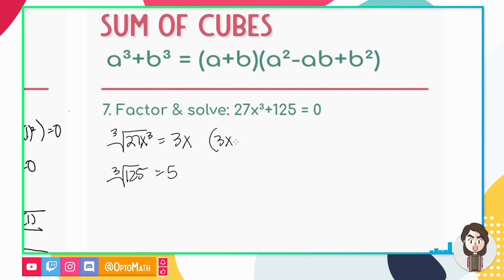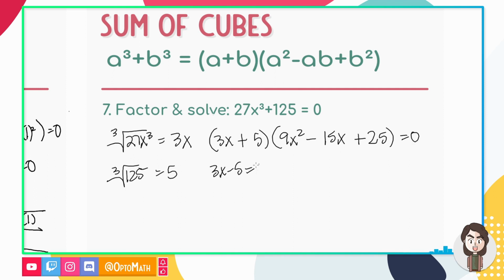So 3x and a 5. 3x quantity squared is a 9x squared. Multiply these together, you get 15x. Last term is the b squared, which is 25. So it's a plus, so it's the same, opposite, always positive. And let's solve.